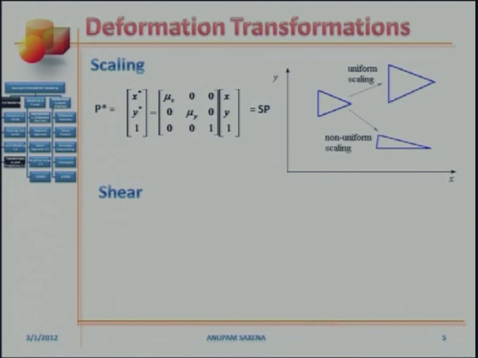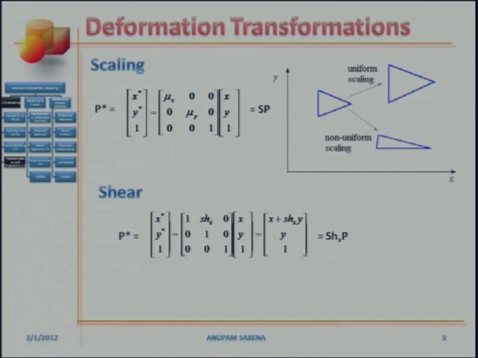The second of the deformation transformations is shear. Let's say that we want to shear an object along the x direction. An object will have vertices, each of which will be represented by this column vector, in short, by P, and this 3 by 3 matrix over here would represent a shear transformation.